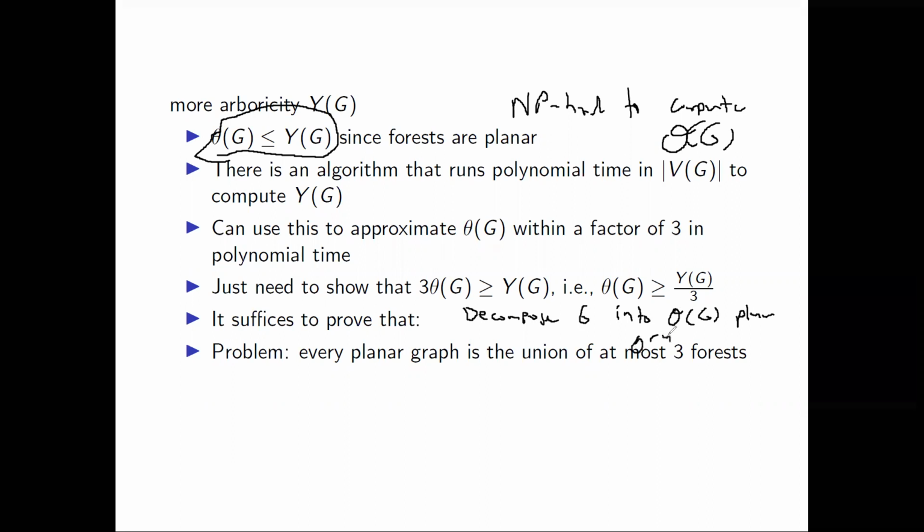So by definition of thickness, there exists some way to decompose G into theta of G planar graphs.